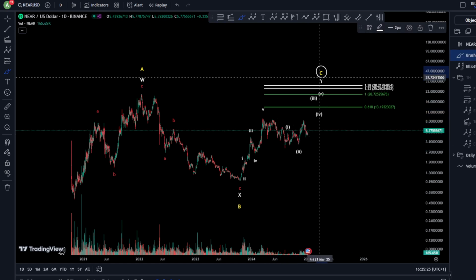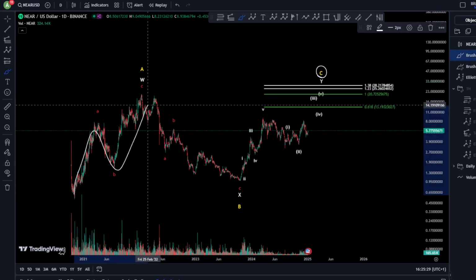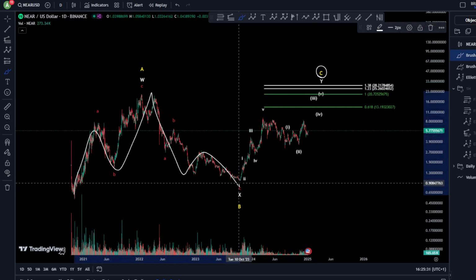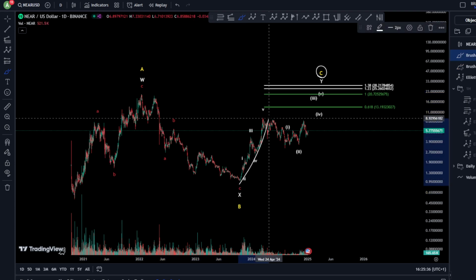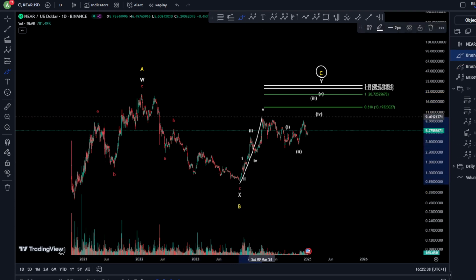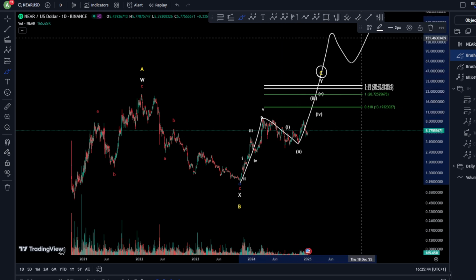Now, in your wave C, as an A, B, and a C, your wave A is 3 waves up, 3 waves down. Your wave C has a very extended wave 1. And by all means, when you have an extended wave 1 like this, you would start to think, okay, your wave 3 is gonna be very, very massive, right?